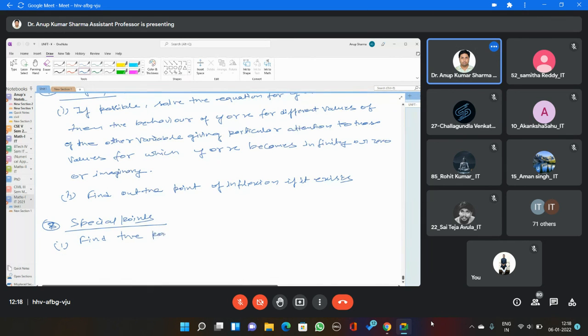Find the points of the curve where dy by dx is equal to 0 or infinity, that is, the points where the tangent is parallel or perpendicular to the x-axis.